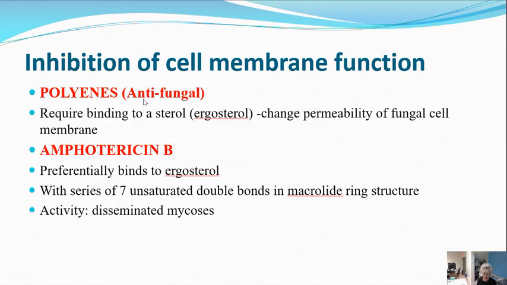So polyenes are antifungal. They have to bind to a sterol, which is ergosterol, and change the permeability of the fungal cell membrane. Amphotericin B, also a fungal antibiotic, binds to ergosterol with a series of 7 unsaturated double bonds in a macrolide ring-like structure. Its activity is against disseminated mycoses. We call amphotericin amphoterrible because it has so many side effects.